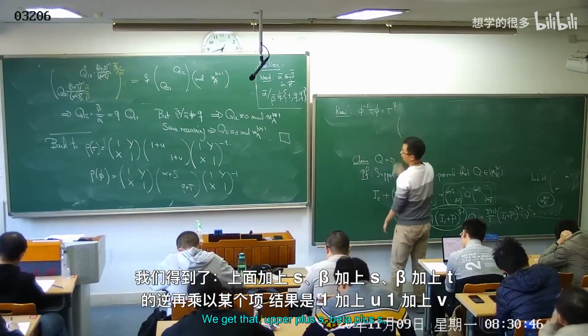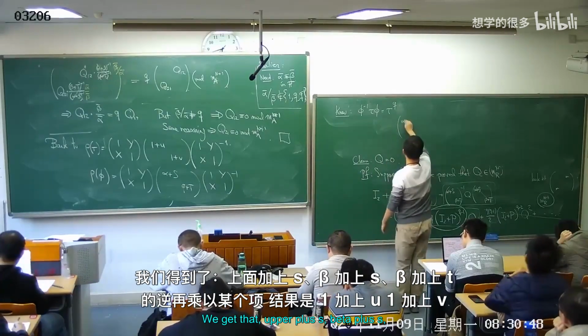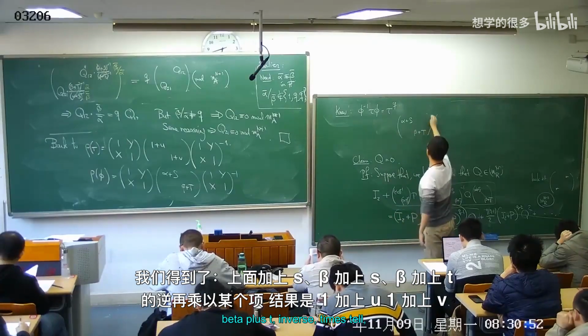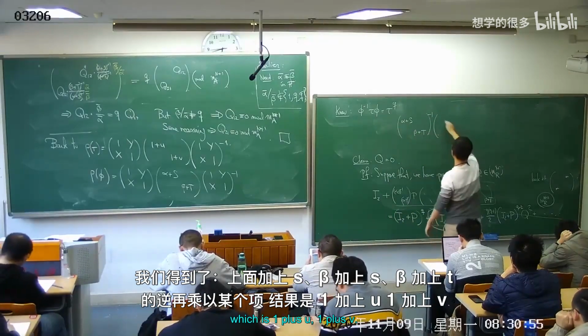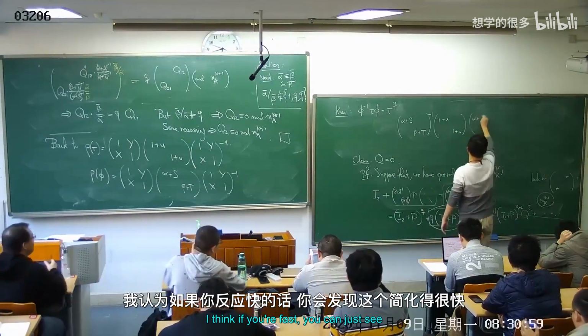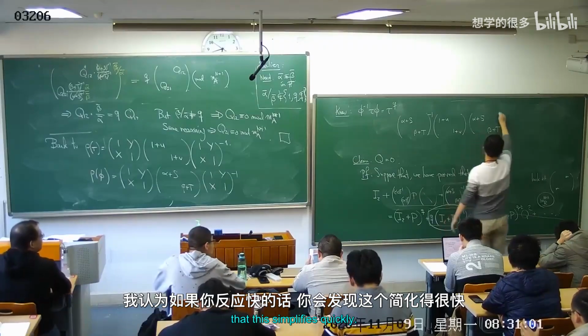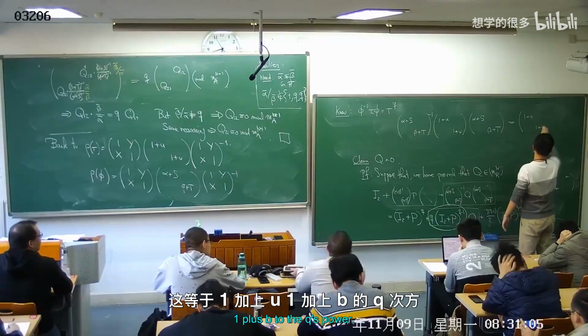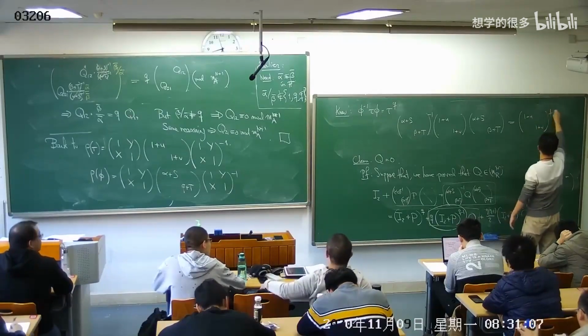If we ignore all these conjugations, what do we get? We get that alpha plus s, beta plus t, times inverse times tau, which is 1 plus u, 1 plus v. I think if you're fast, you can just see that this simplifies quickly. This is equal to 1 plus u, 1 plus v to the q's power.